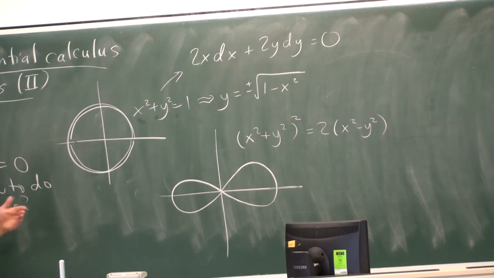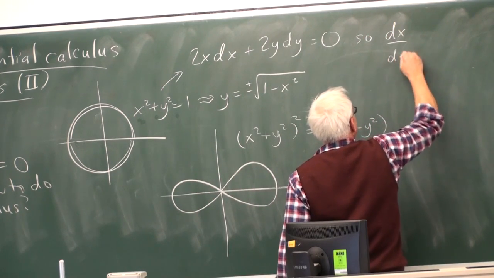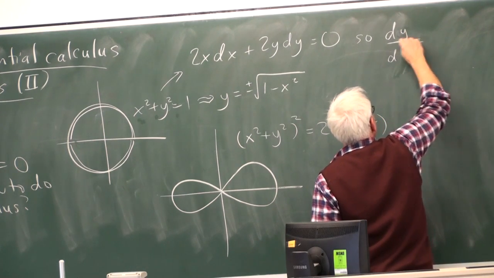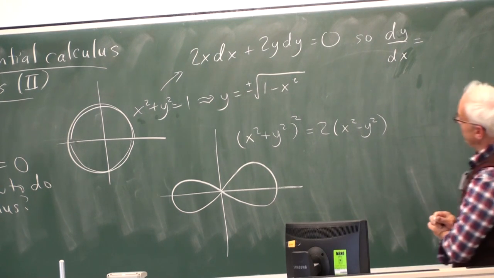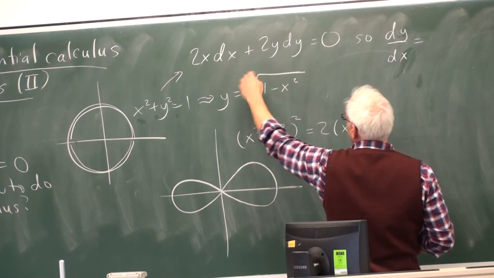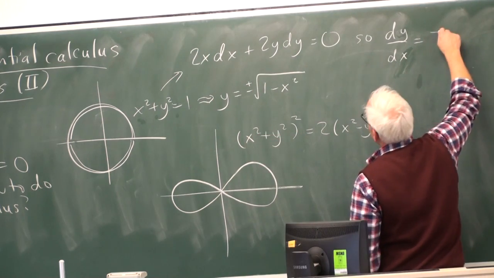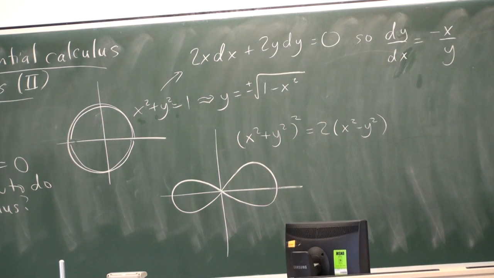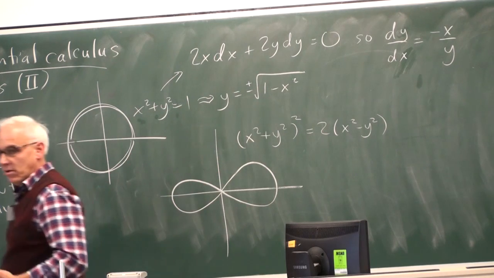And then we can solve for dy dx, or maybe dx dy, it doesn't matter which one. Let's do dy dx, it's more familiar. Then dy dx, if we solve for that just algebraically, bring this to the other side, divide by dx, we would get minus x over y. All right, so that would be one possible approach.